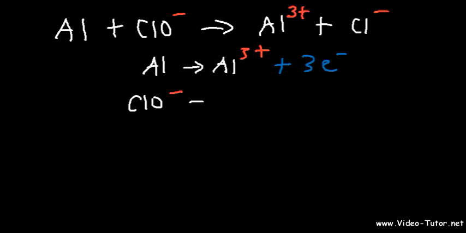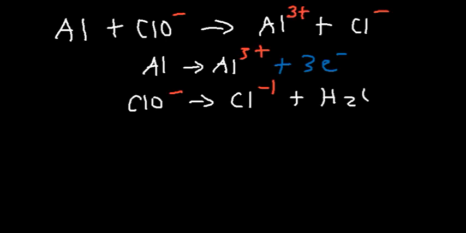For this one, we have to balance the number of atoms before we can balance the charge. We have one oxygen atom on the left, so we have to add H2O to the right side. Now we have two hydrogens on the right side, so we have to add 2H plus on the left side. So now the number of atoms are balanced. Now we have to balance the electrons.